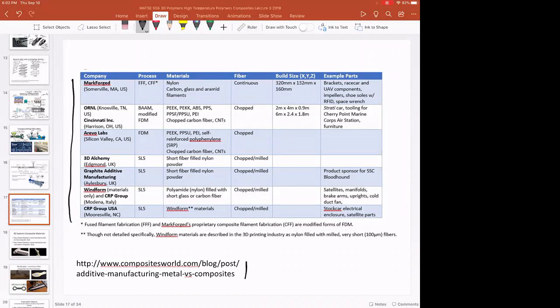This is a real challenge for material extrusion AM for a number of reasons, and we'll talk about that. But you see, mostly it's chopped fiber or chopped and milled filler, which means it's just broken down into small pieces. There's only one bona fide company that does a lot of continuous fiber additive, and we'll talk about that in a sec, even though there's a couple of other machines out there that are really cool.